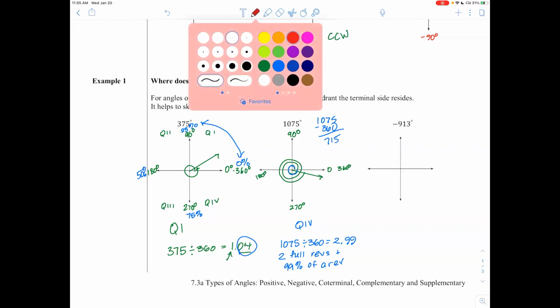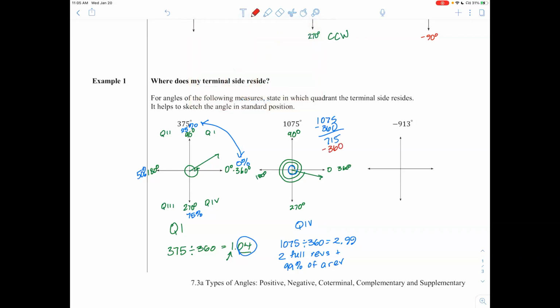And then if you were to subtract another 360 degrees with your calculator, that would be 355 degrees. So that takes you around one more time. And then you're just going to go 355 degrees, which is almost another full revolution, and that would give you quadrant 4.